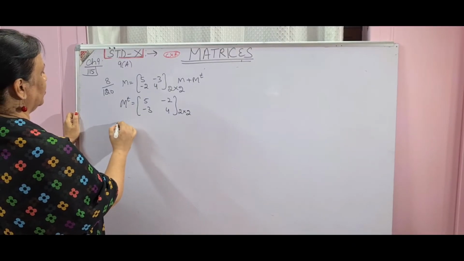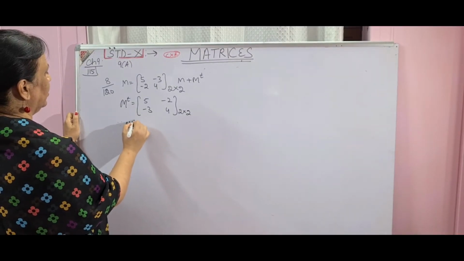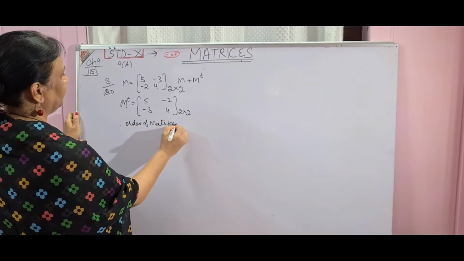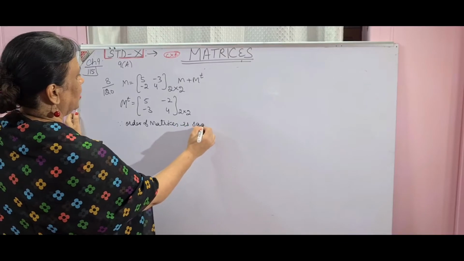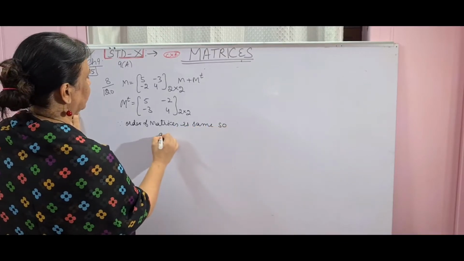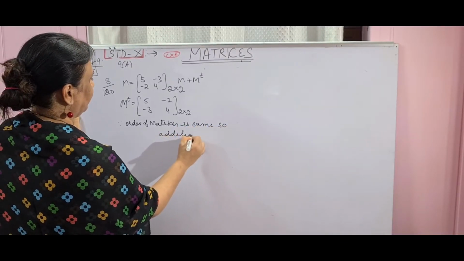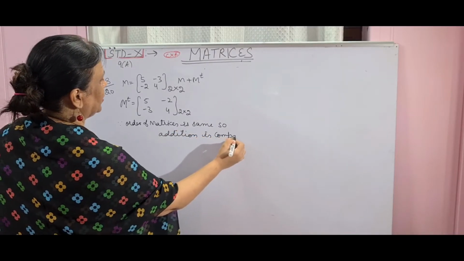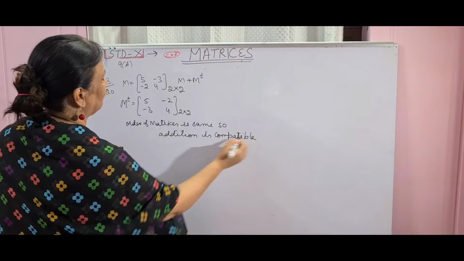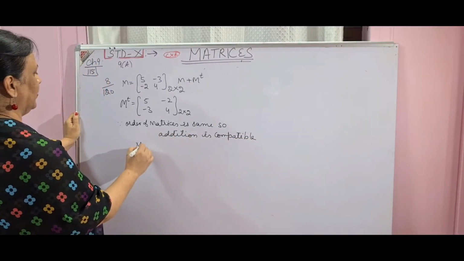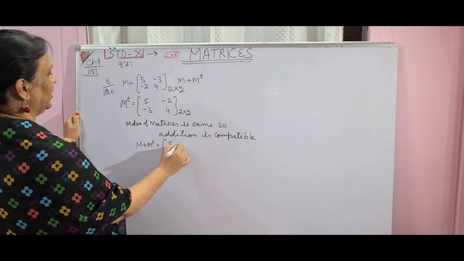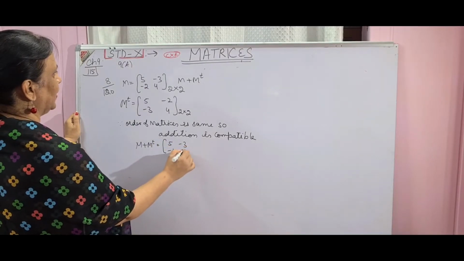Now you will write the rule, because the order of the matrices is the same, so addition is compatible. You can use compatible as well as possible, any word. M plus M transpose you write on the left hand side, and on the right hand side you write their values, minus 2, 4.